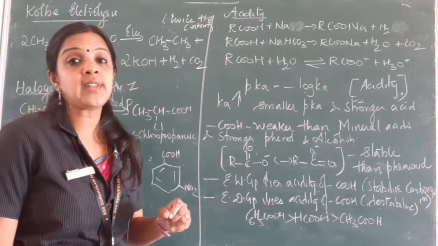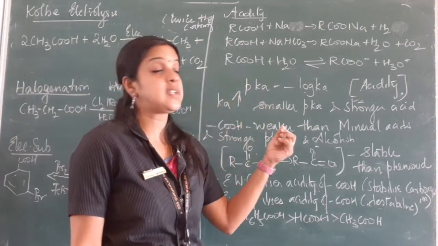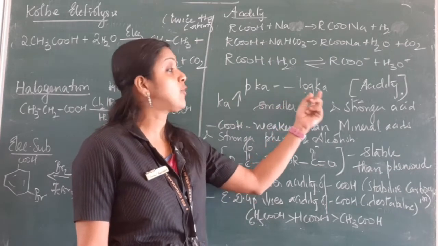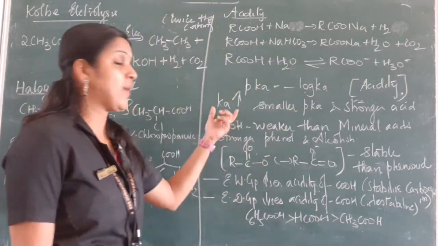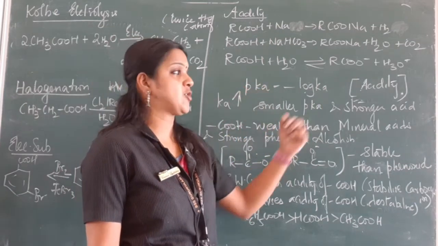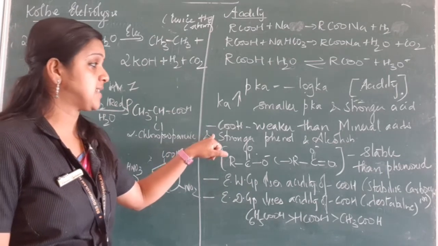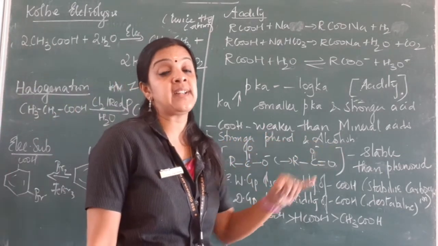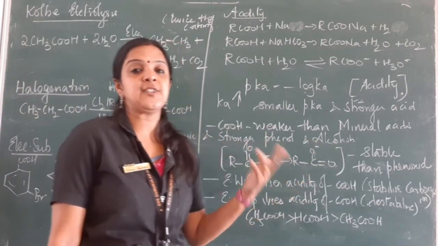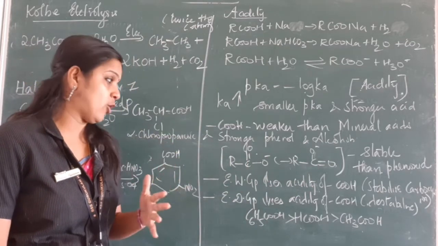Now to find out the acidity, there is a formula where pKa will be equal to the negative logarithm of Ka, the dissociation constant. So when there is an increase in the Ka value, the pKa value decreases and the stronger the acid will be. This carboxylic acid is actually weaker than mineral acids like HCl and H2SO4, but it is stronger than phenols and alcohols.